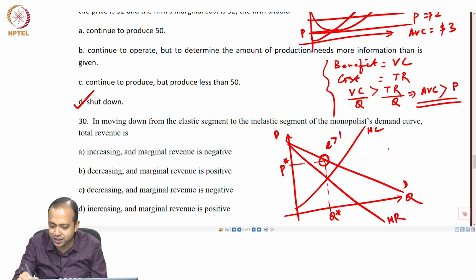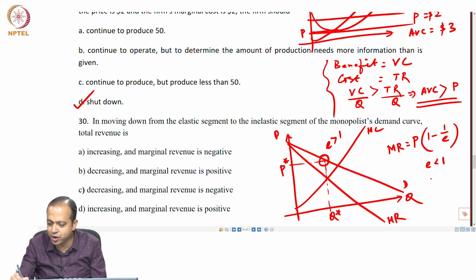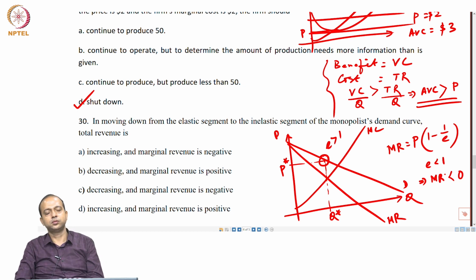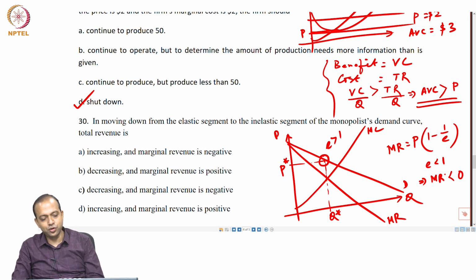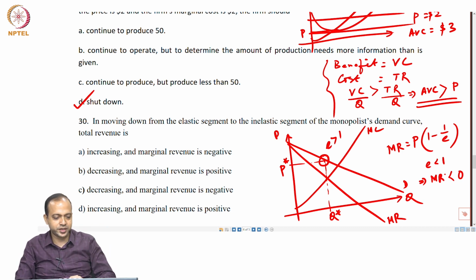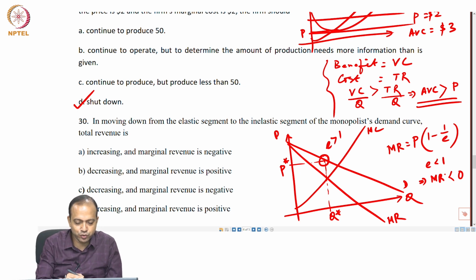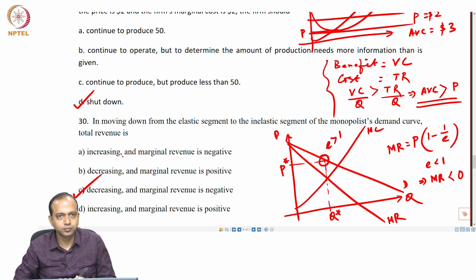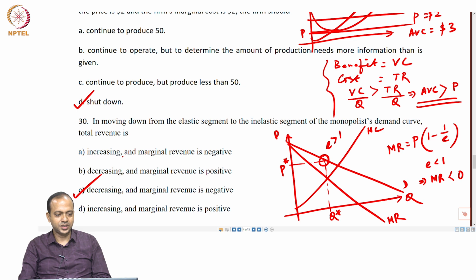Again, the relationship MR equals P into 1 minus 1 by E. When E is less than 1, MR is less than 0. So, when you are moving from the elastic region to the inelastic region, total revenue is decreasing and marginal revenue is also negative. That is the answer we have learned.